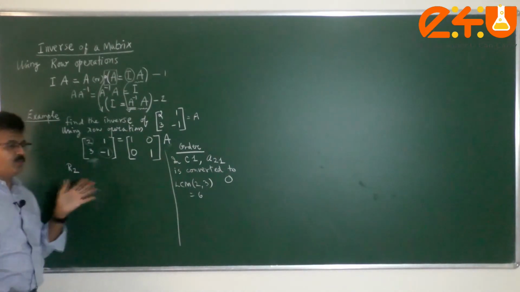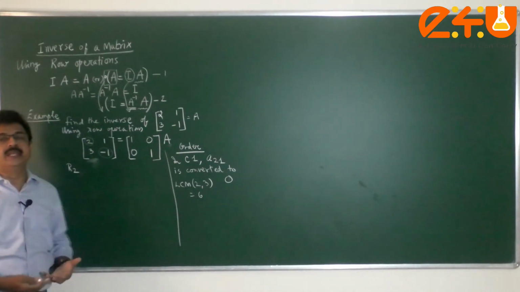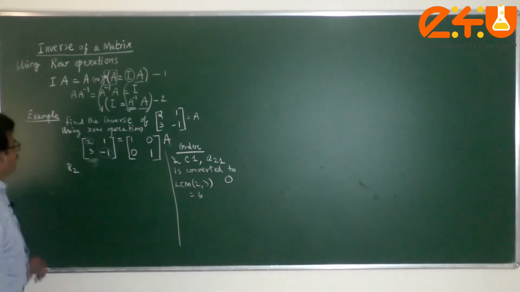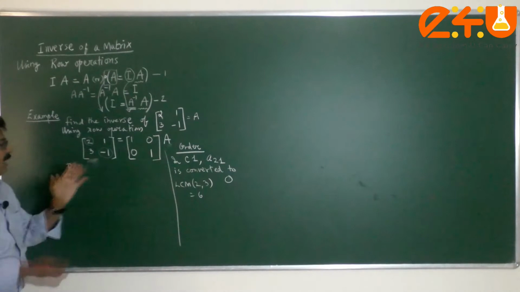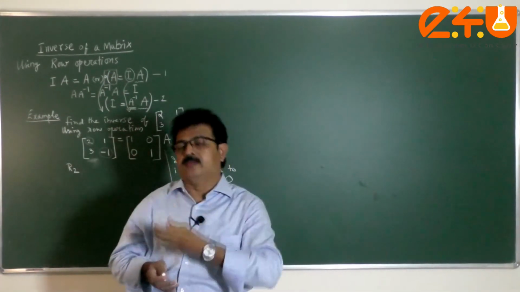Now we are going to plan for the operation. The operation is written in the form of a symbolic language. When I say 3 is to be converted to 0, we cannot perform the operation on that element alone.